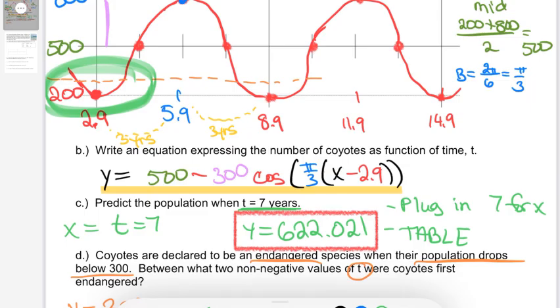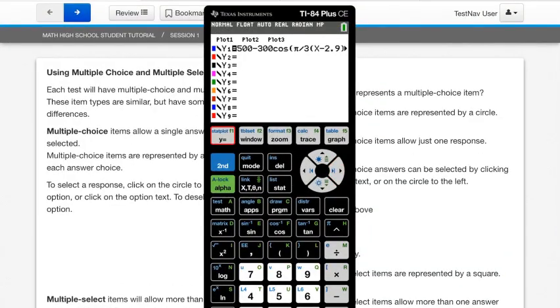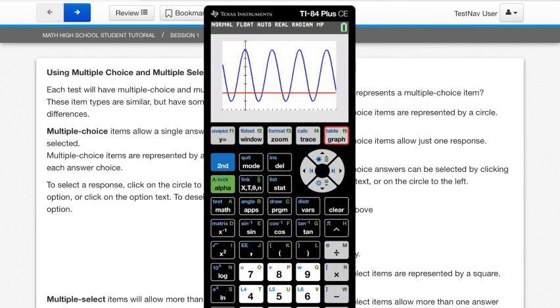Even though we can't see all of that on our graph we put on paper, it still exists starting at time equals 0, and we can see that on the graph. So we'll make Y2 equal 300. We'll graph it. There's our horizontal line.